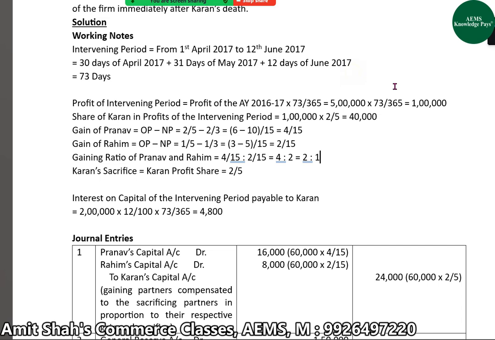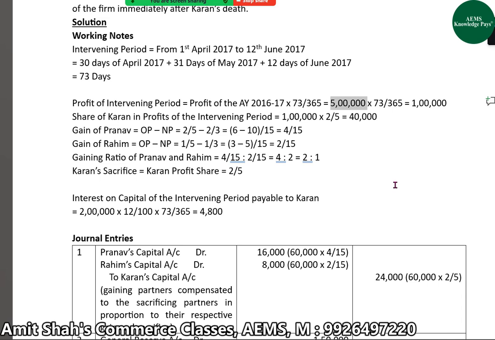Here, tell me. Sir, in this line of profit of intervening period, after accounting 2016-17, you have multiplied with 73 by 365 days. So something is there to be included? In this profit of 5 lakhs?